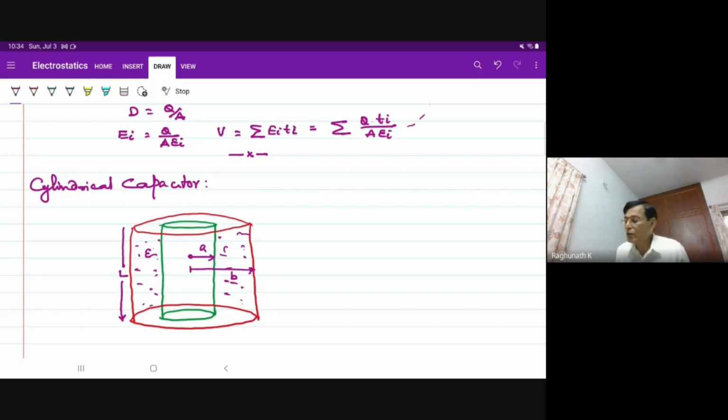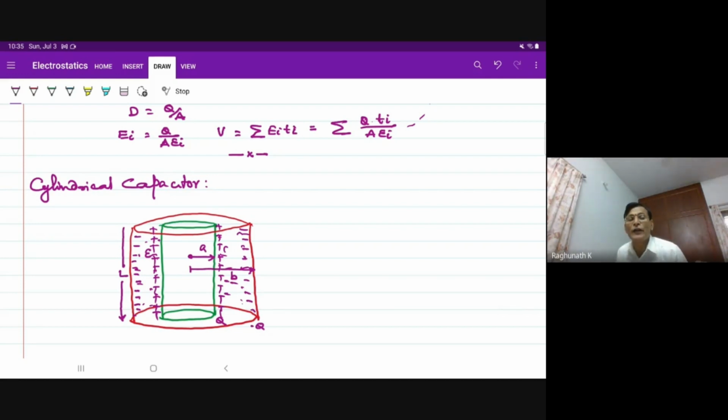Again, to determine the capacitance of this capacitor, we assume a charge of plus Q on the inner cylinder, uniformly distributed over the curved surface of it, and minus Q on the inner surface of the outer cylinder, with plus Q on the outer surface of the inner cylinder, right? Minus Q on the inner surface of the outer cylinder.